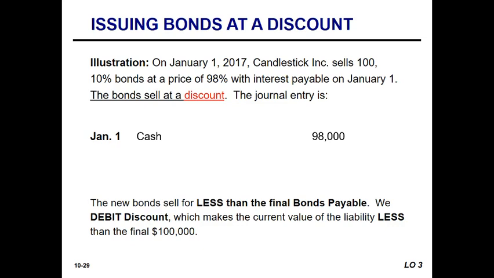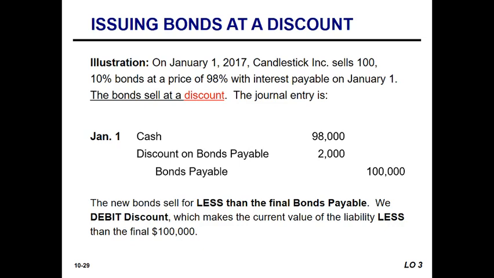We will use an account that is called the discount on bonds payable to enter the difference between the $98,000 and the $100,000 of total bonds payable that we are now obligated to pay. So we will debit a discount on bonds payable for $2,000 and credit our bonds payable for the full face value of the bonds of $100,000.